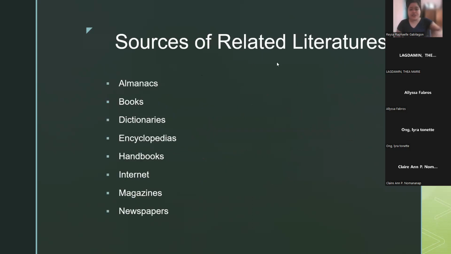Okay? So what are the sources of our literature, our related literatures? We have here the almanacs, information coming from the books, dictionaries for definition of terms, encyclopedias. So encyclopedias, diba, most likely compile information coming from different sources also. But it's not a product of a direct investigation.